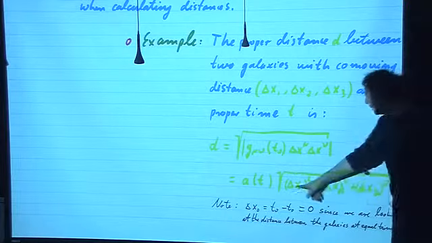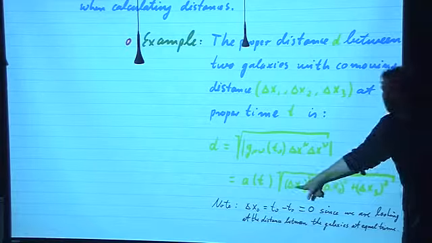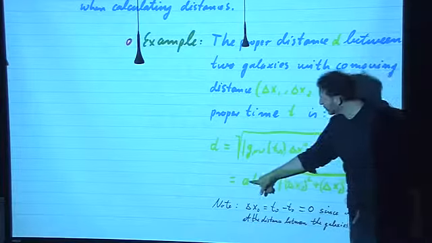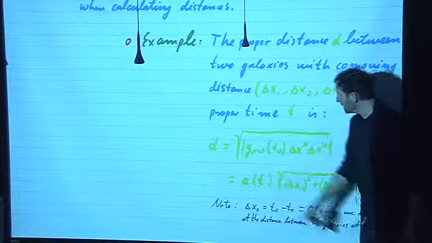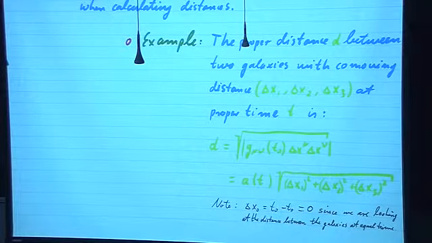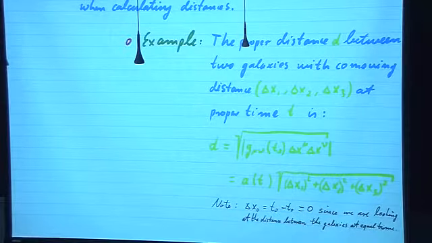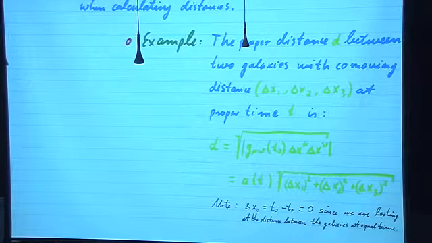So we get the numerical Pythagoras distance in the coordinate system multiplied with the scale factor. So that's why the a of t is directly the amount of shrinkage or expansion of the coordinate system along with the Hubble flow.